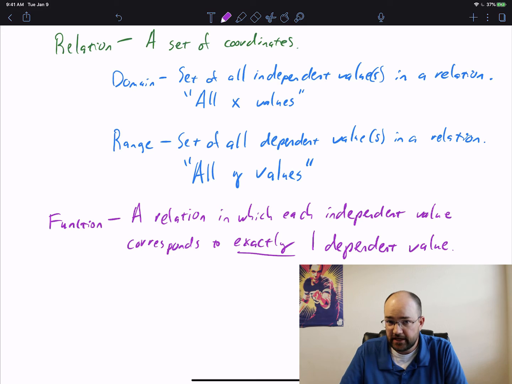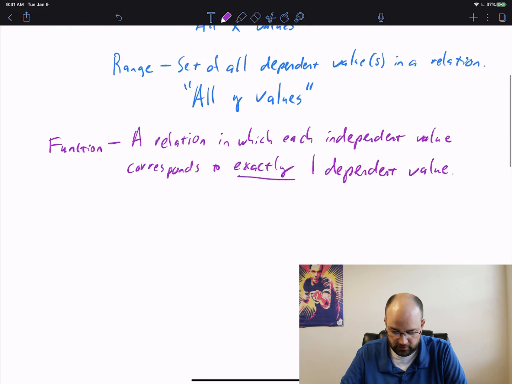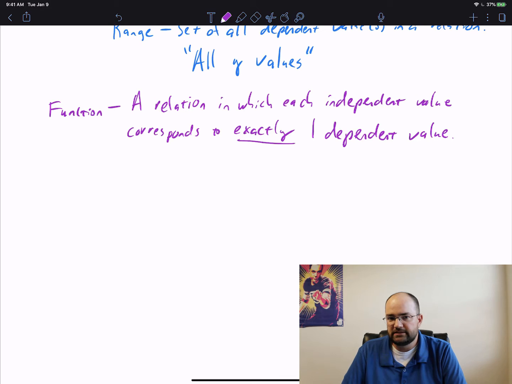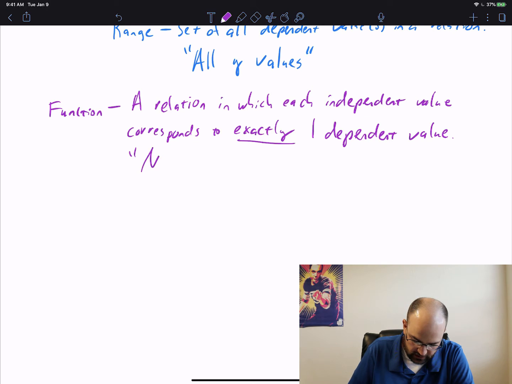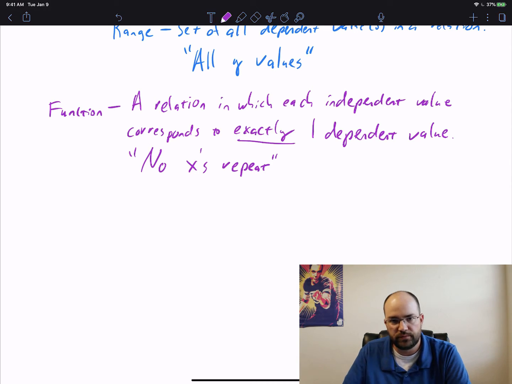And that is the definition of a function. To put it in simpler terms, what a lot of people say here is that no x's repeat, or the x's don't repeat, or something like that.